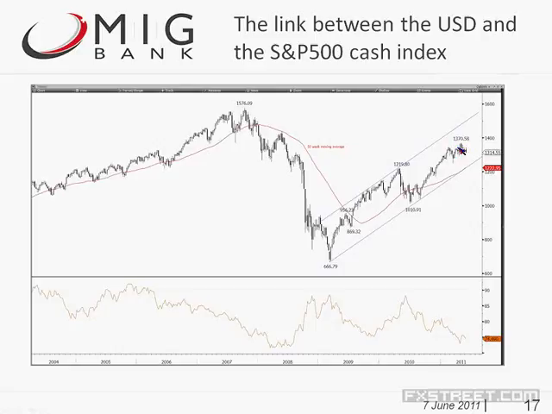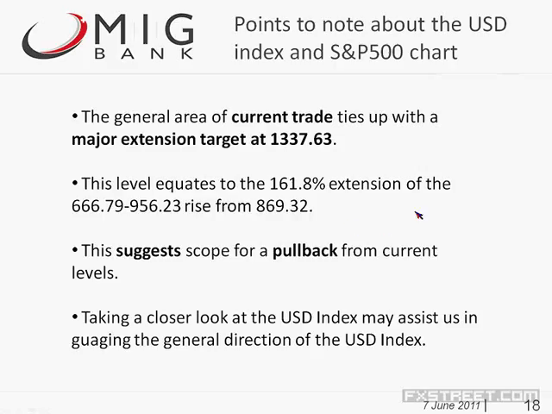This actually equates to a major extension target, and it is the 161.8 extension of the vertical distance from 666.79 to 956.23, extended up from 869.32. That takes us all the way up to this region here. So for me, the fact that it's reached this extension target suggests that there is scope for a pullback.